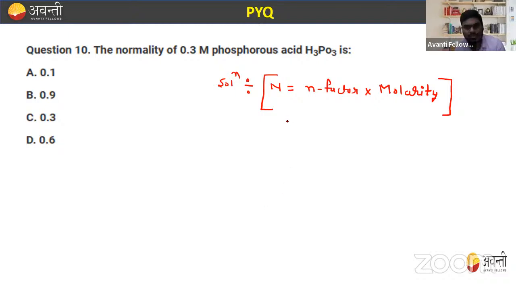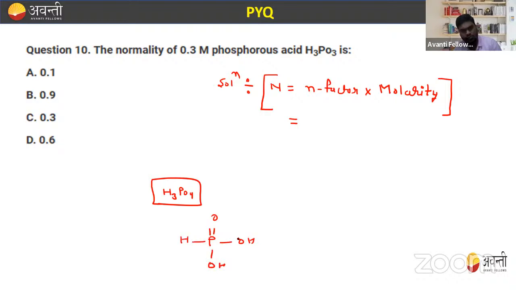So how will you calculate this n factor, beta? In case of H3PO3, we already discussed this in yesterday's class, how to draw the structure. For H3PO3, we know the P double bond O, with OH, OH, and this H. So what is the basicity of this?